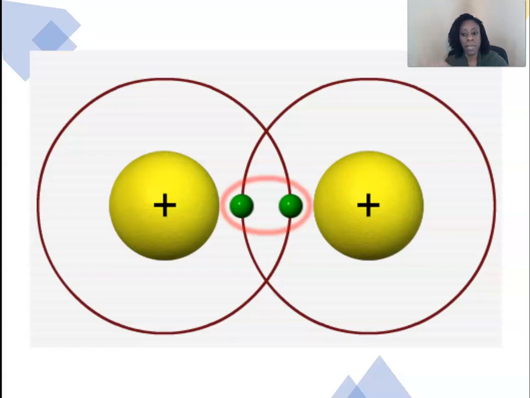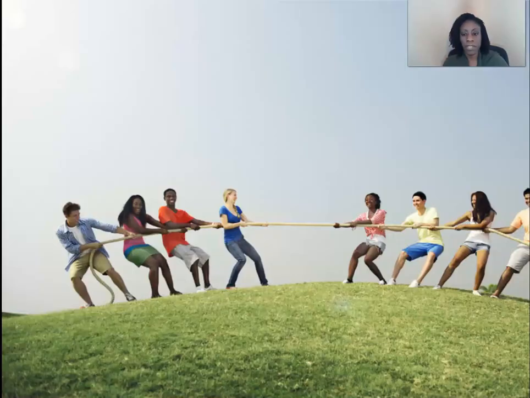So this may still be kind of abstract, so let's bring it home a little bit. I like to think about this like tug of war. You've got both teams that have their hands on the rope, so they're sharing that rope. But one team eventually pulls its share of the rope harder or closer to its side than the other team is pulling. So you could say that that team has a greater degree of attraction for that rope. It's the same when we're talking about electronegativity.